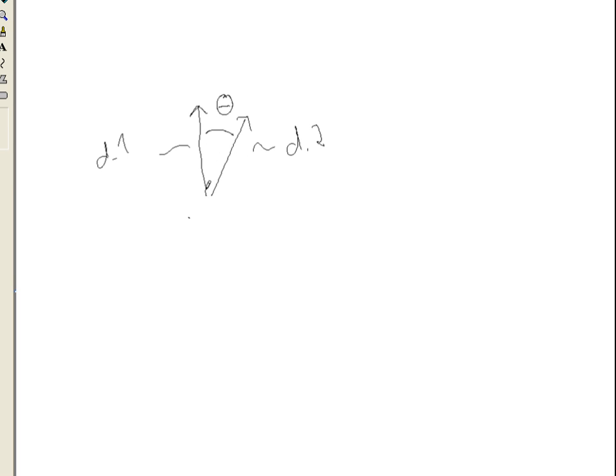The probability of getting an up detection in this direction for daughter 1 and an up detection in this direction for daughter 2 is going to be equal to sine squared of theta over 2.